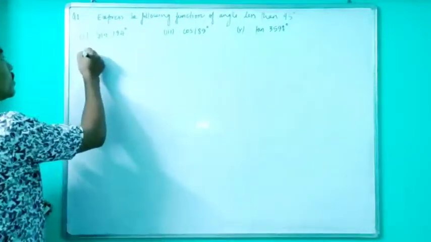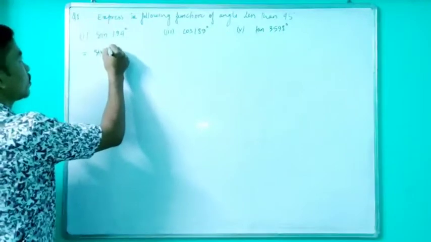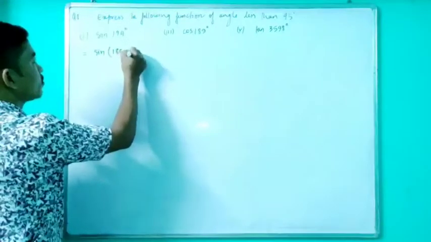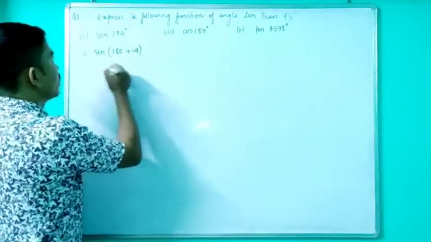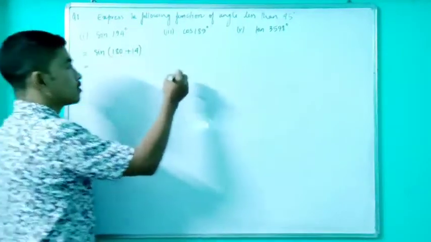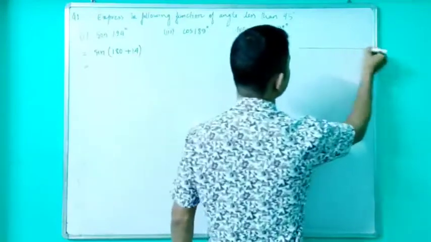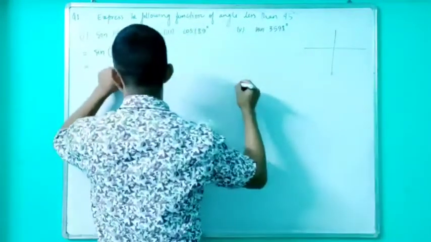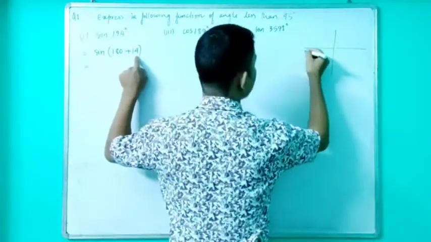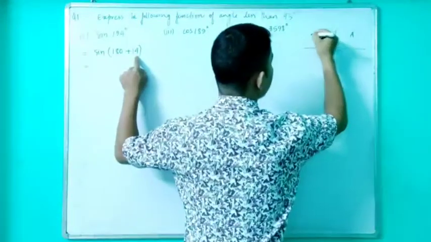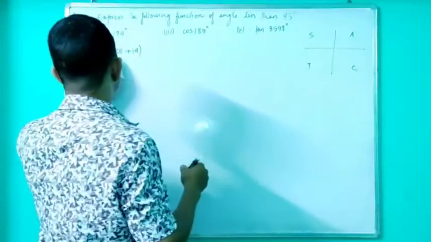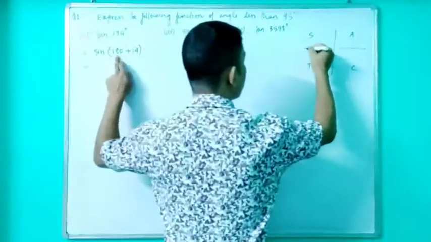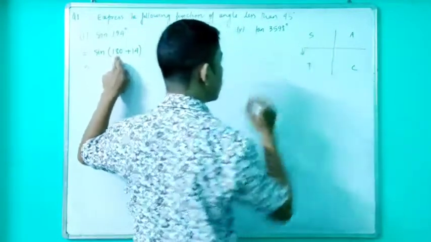This I can write as sine of 180 plus, now 194 means it is 180 plus 14 degrees. Okay. So now we know that sine 180, let us see in this coordinate system. The sine of 180 plus 14. So 180 plus 14 goes in which quadrant? The third quadrant.